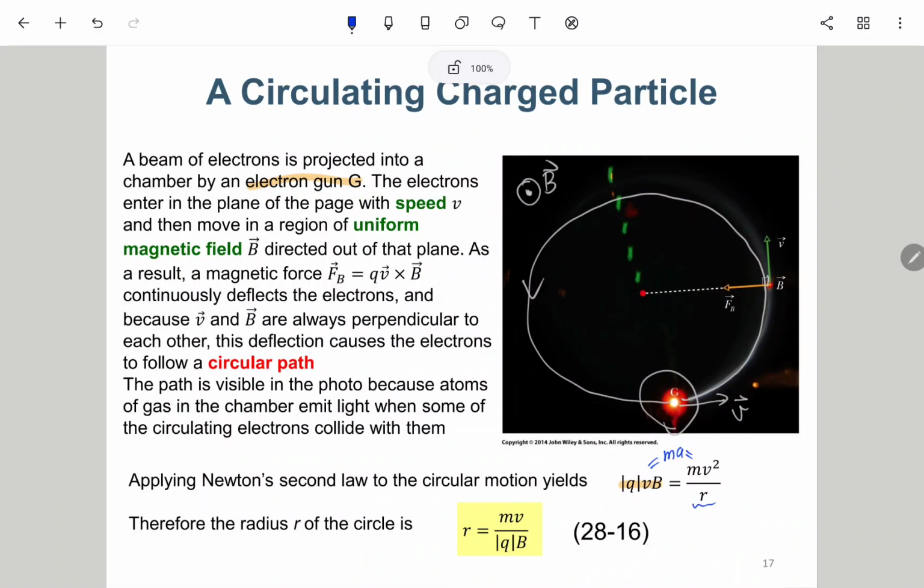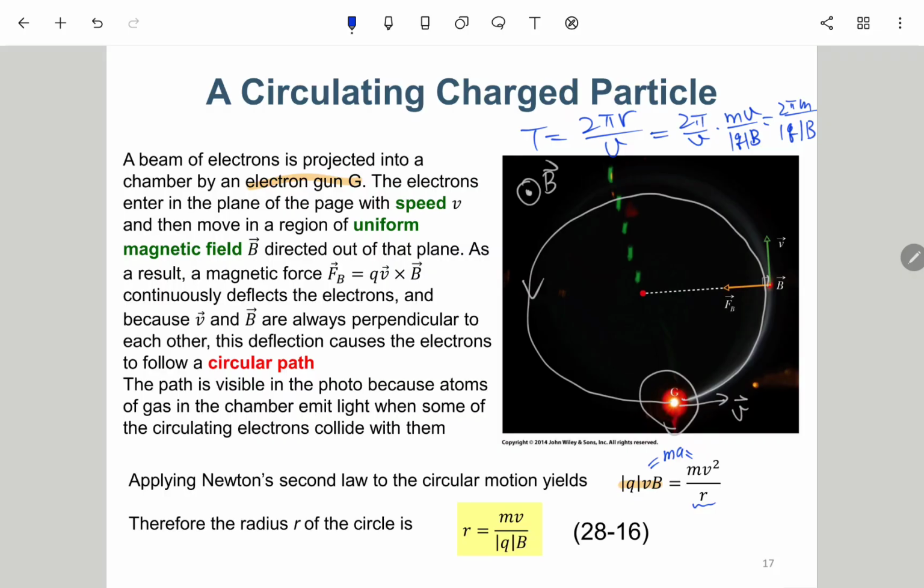Later we will also make use of the period of the circular motion, which is T equals 2 pi R over v. That is 2 pi over v times mv over qB, and then we cancel v and v, and it turns out to be 2 pi m over qB.